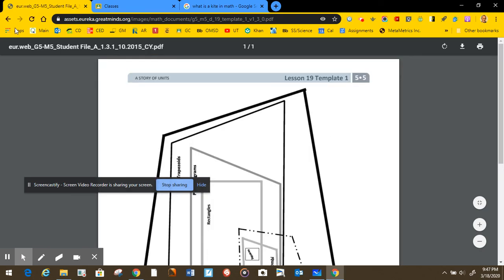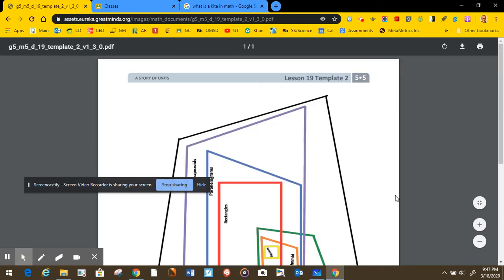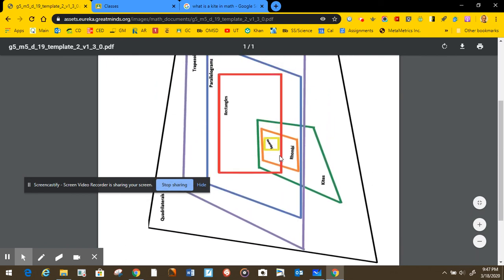Let me show you the color one. With this color one, you can decide whether things are the same thing or not. For example, the square and the rhombus are inside the kite, which means that the square and the rhombus can be a kite. But a kite cannot be a rhombus or a square because they both have equal sides, and the kite doesn't. That's where I get the information.